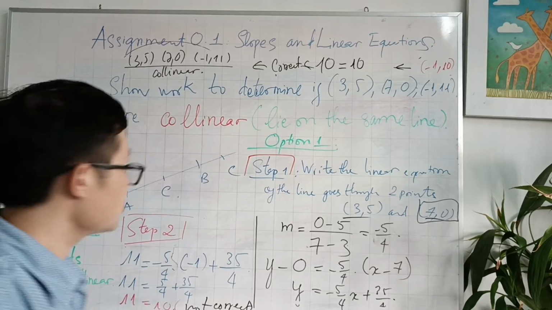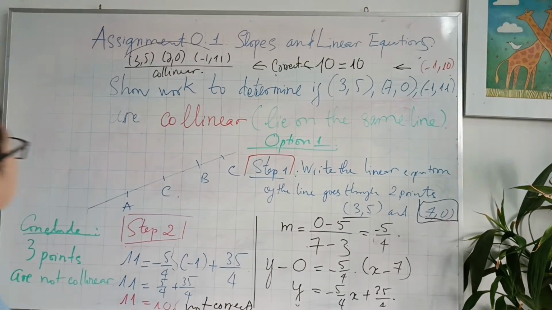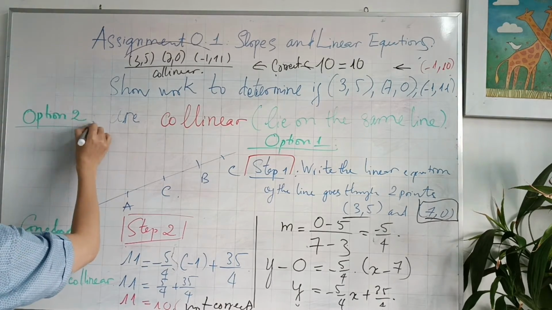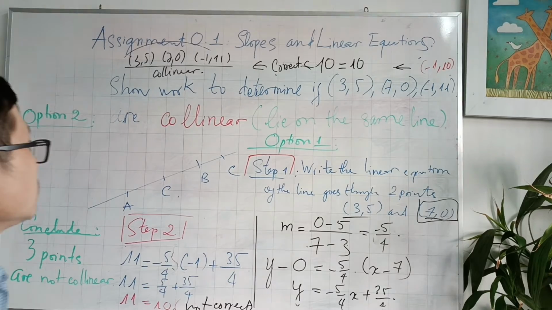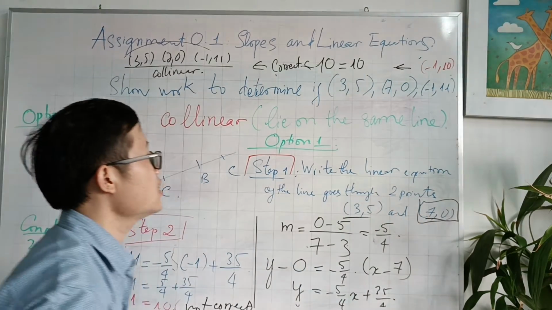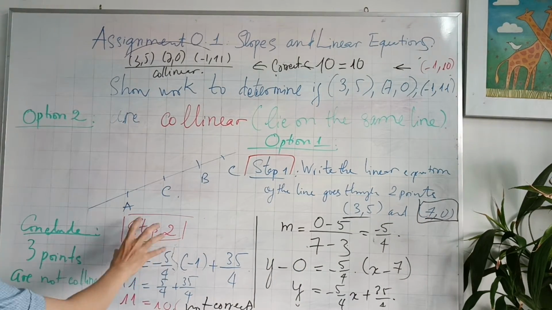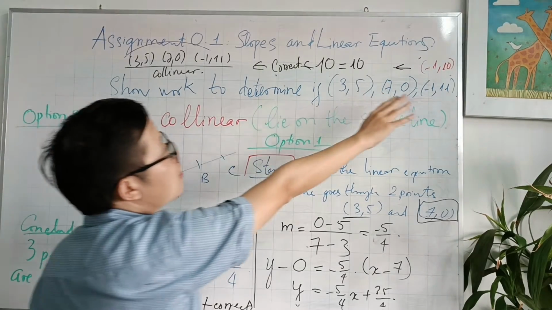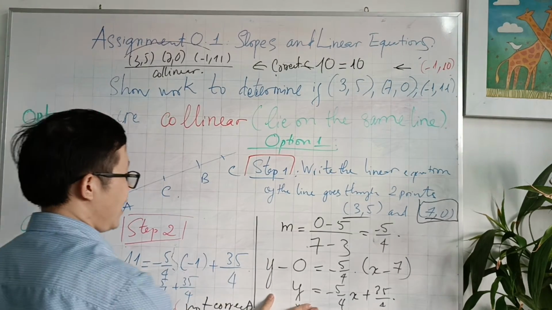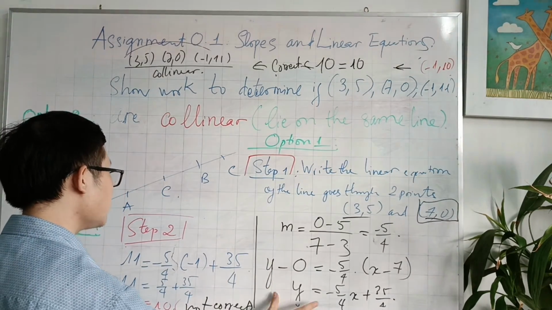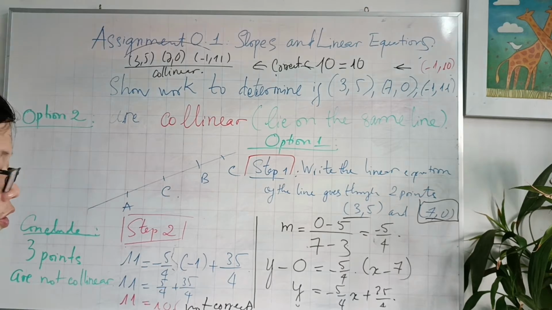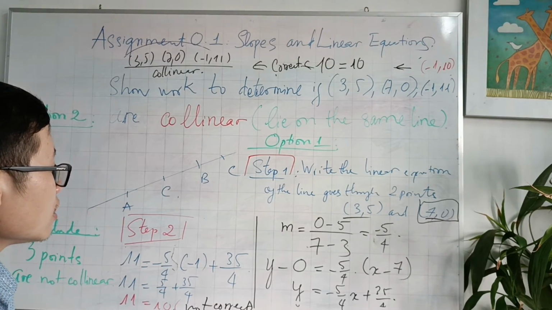And we have option 2. In option 2, you have the same step 1, the linear equation of the line going through 2 points. And in step 2, you do not substitute the coordinates of the last point into the linear equation to examine it.